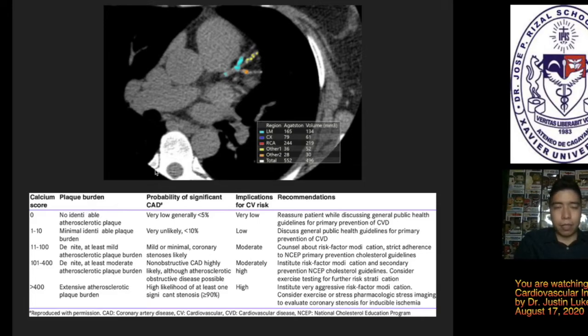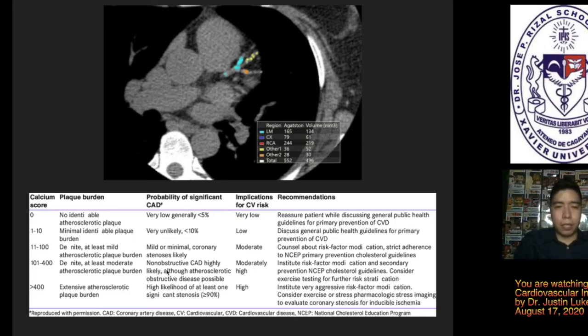Basically, you map out parts of the heart that have calcifications, and each has a corresponding Agatston score, and you add the total score, and you'll be able to come up with a plaque burden.